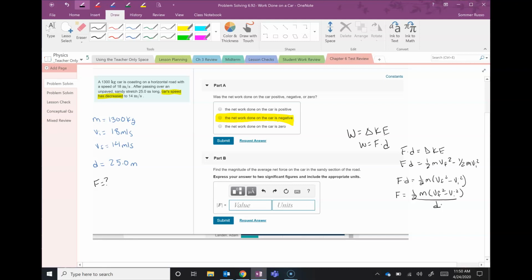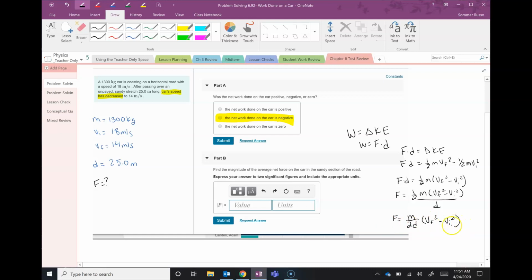If I want to make this super clean algebra, it's going to look like this. You don't have to clean it up to that effect. That's just an example.